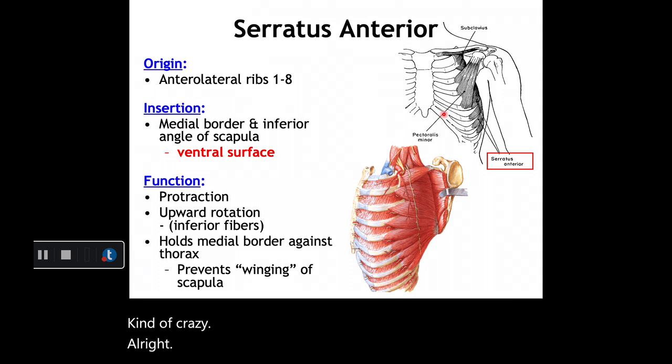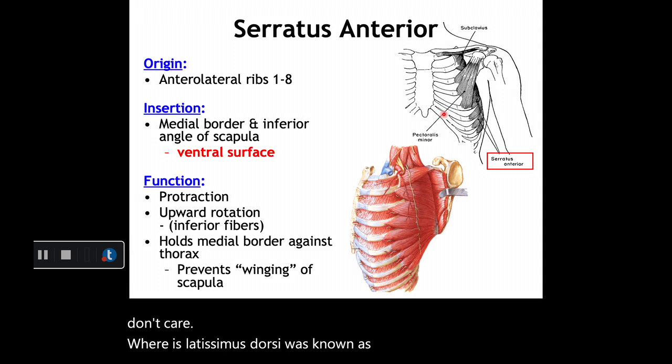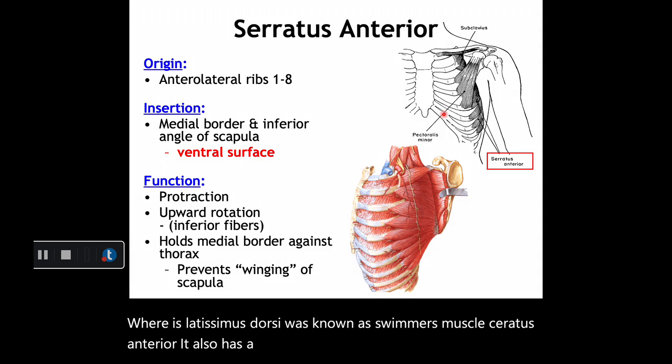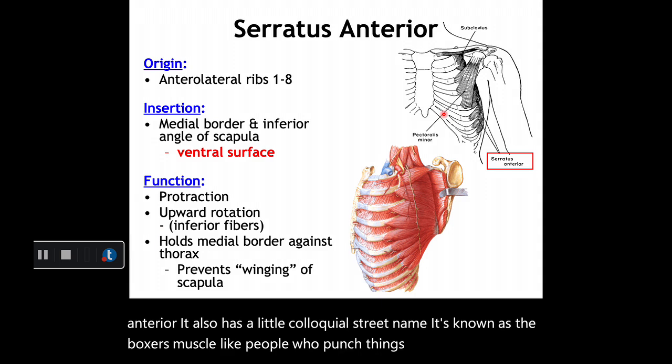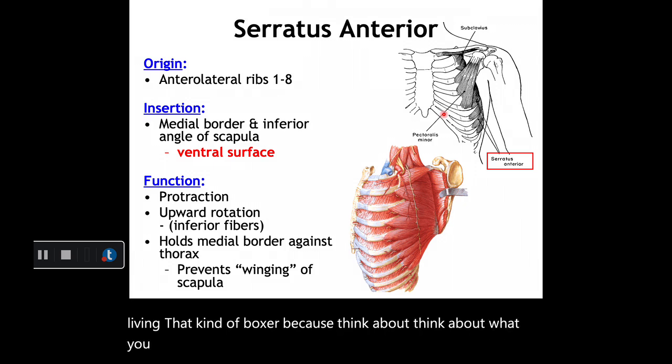Serratus anterior, however you want to say it, I don't care. Whereas the latissimus dorsi was known as the swimmer's muscle, serratus anterior also has a little colloquial street name. It's known as the boxer's muscle, like people who punch things for a living, that kind of boxer. Because think about what you do if you're trying to punch something.